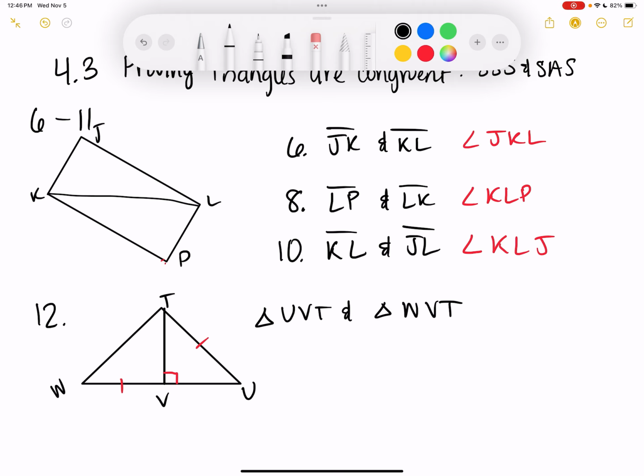So remember, the order of the letters matters when we're saying if the triangles are congruent or not. So, is there enough information to say that these triangles are congruent? Yes or no? Okay, if so, how?